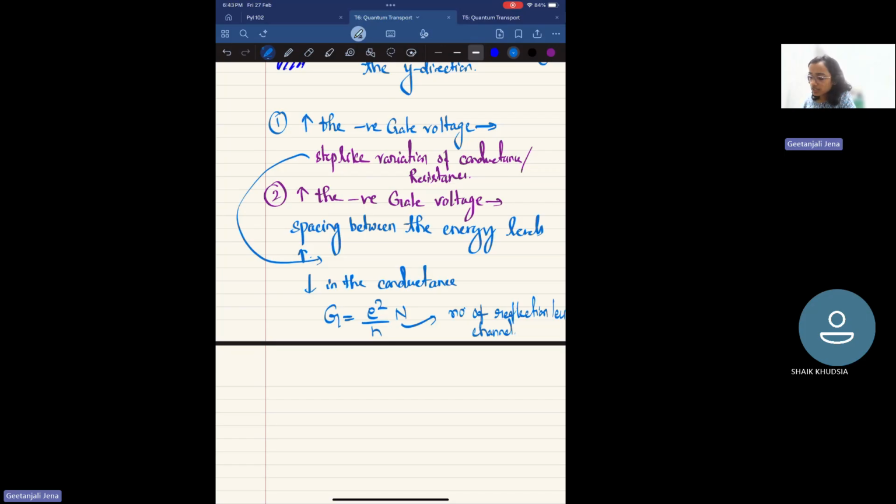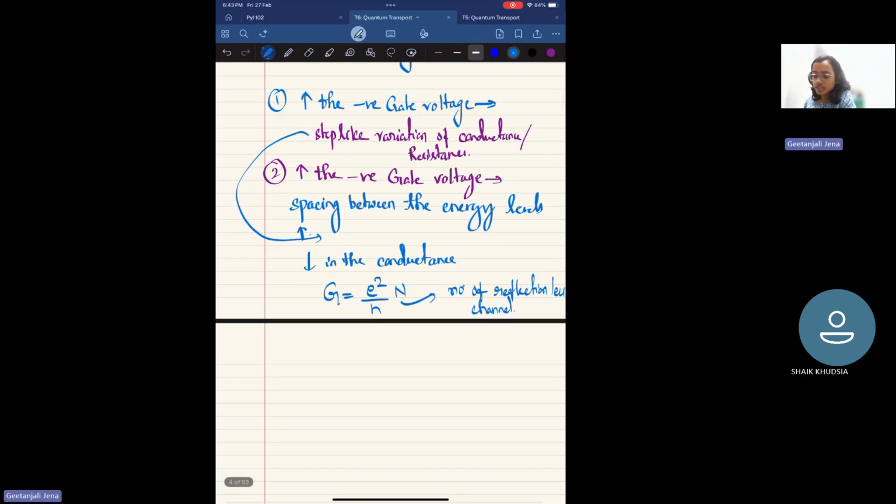But if we have a spin degeneracy or any other degeneracy, then we can multiply the degeneracy factor here. For spin degeneracy, we have a factor of 2. And if we have spin and valley, then we will have a factor of 4. Okay, so this is the Landauer formalism for transport in 1D.